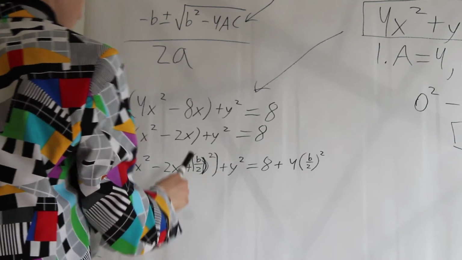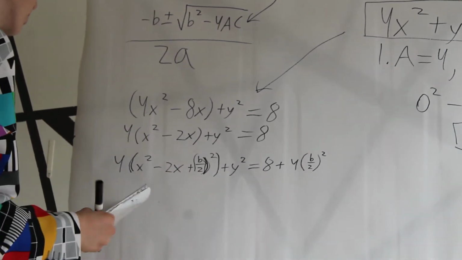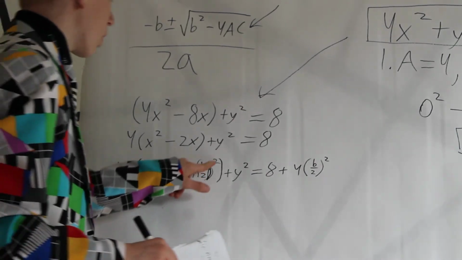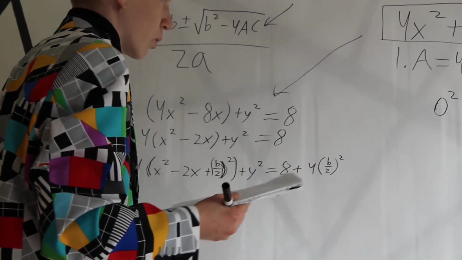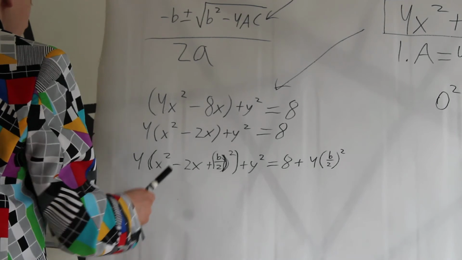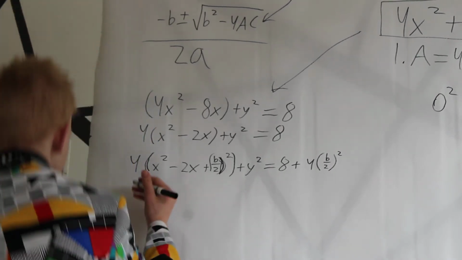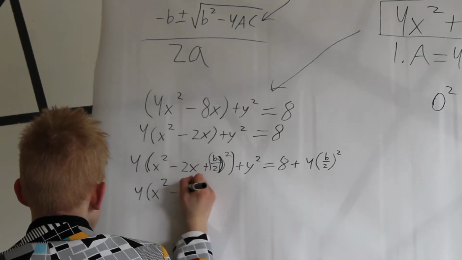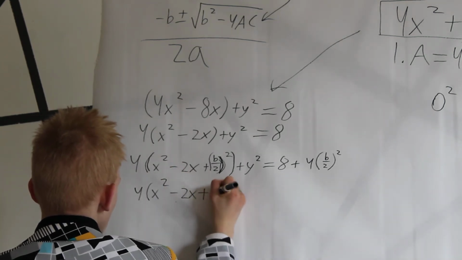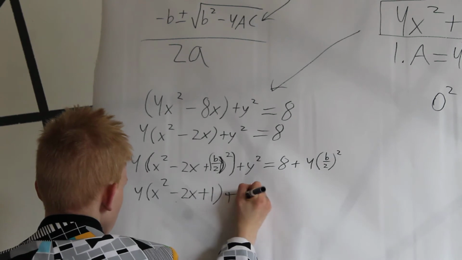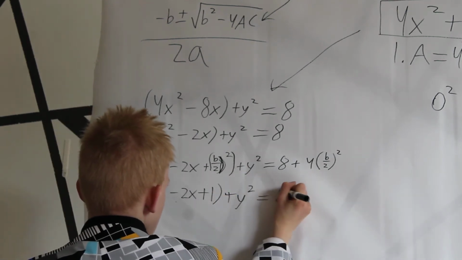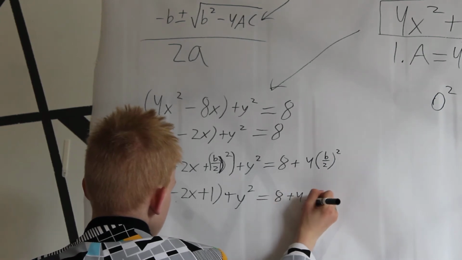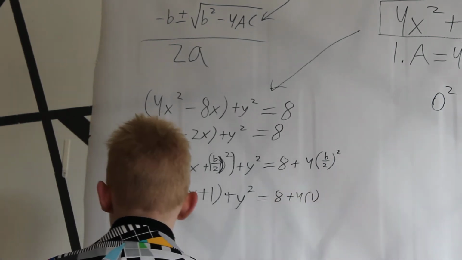So we have our b, and b over 2 squared, because negative 2 is b, negative 2 over 2 is negative 1, and negative 1 squared is 1. So we can write that down. We have 4 times x squared minus 2x plus 1, in parentheses, plus y squared equals 8 plus 4 times 1, which is just 4, but we're going to put it anyway.